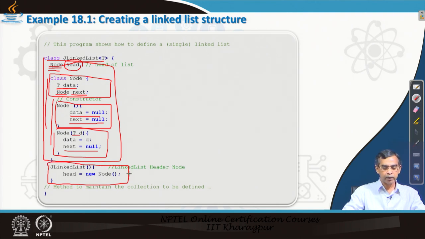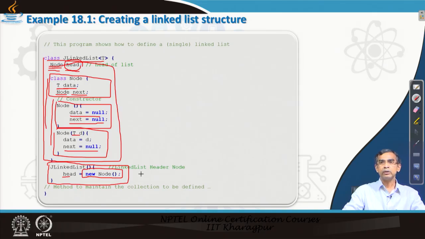Whenever we create a linked list, initially it contains only one node, namely the header node. So, we create a head, already declared as a node type, with new. We create a default node using the default constructor, that means the header is initially created, for which data is null, and the link field is also null.